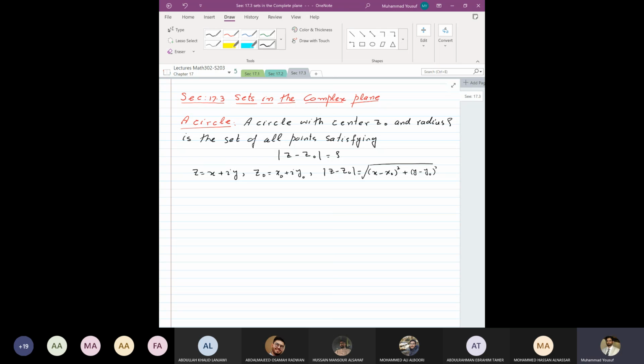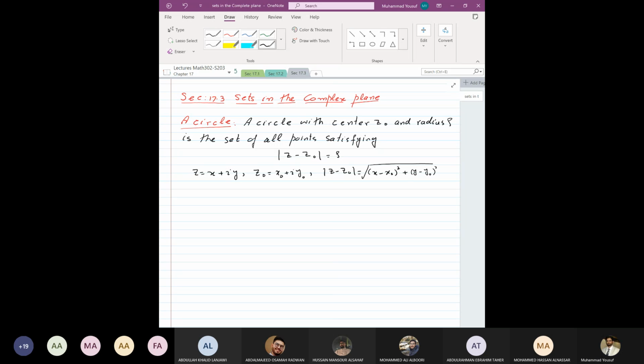First we will see what is Z minus Z0 and then take its absolute. So all points Z whose distance from a fixed point Z0 is equal to rho, it is a set of a circle. Rho is the radius and Z0 is the center.